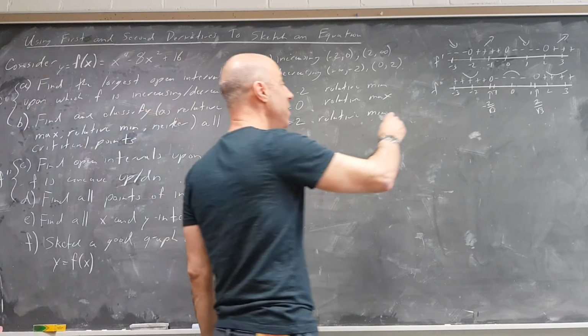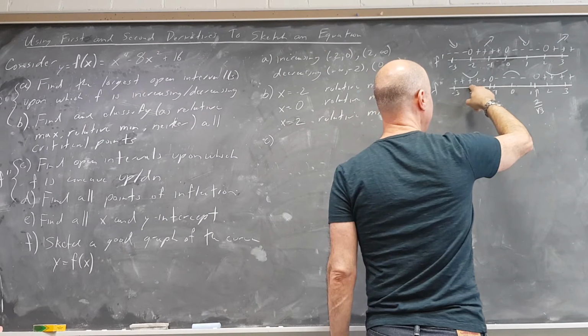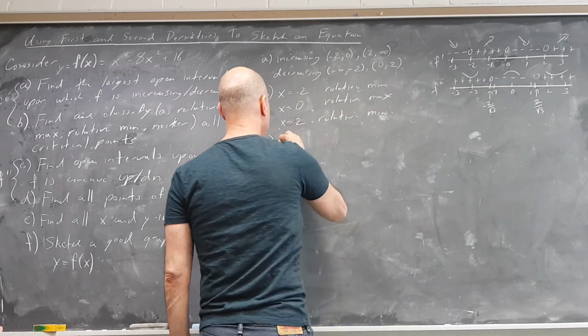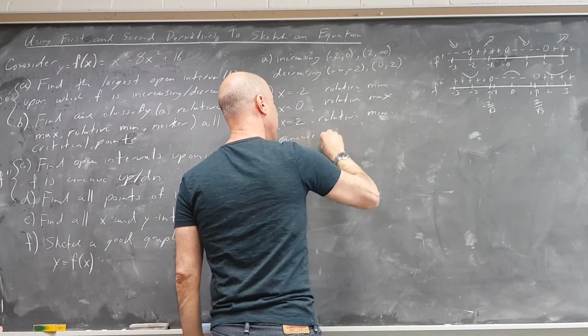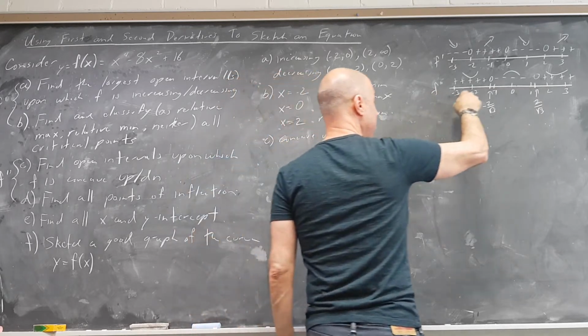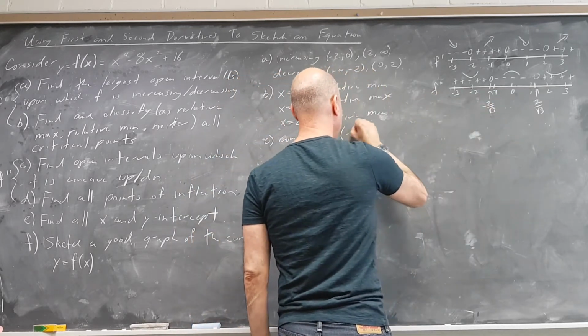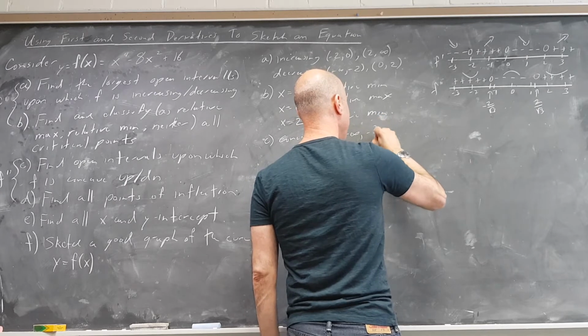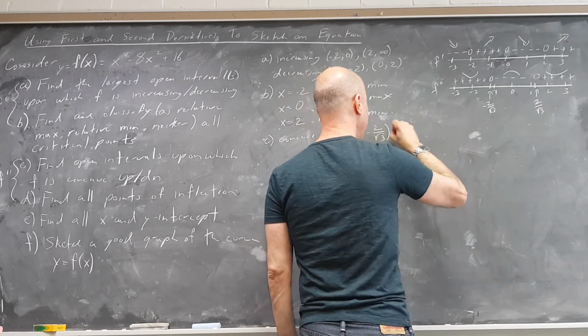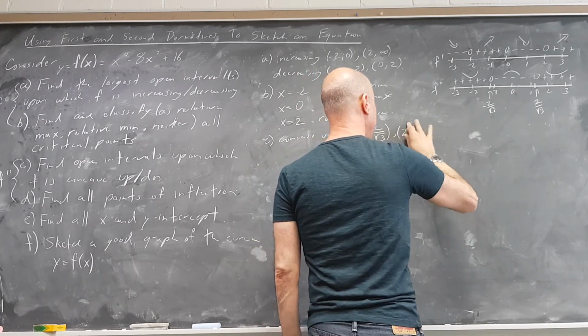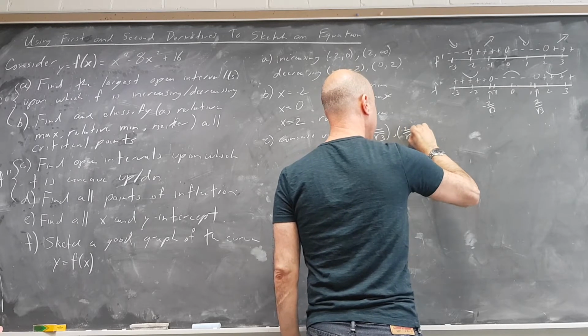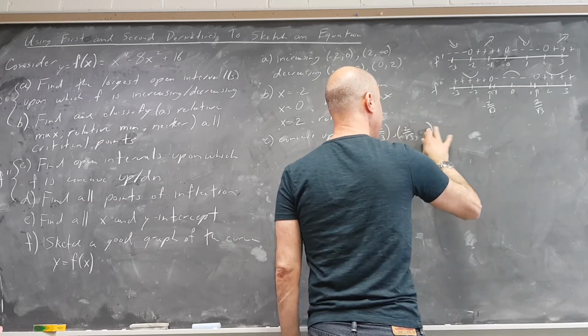Now we're looking at the second derivative sign chart. So concave up from -infinity all the way up to -2/√3. And also from 2/√3 to infinity.